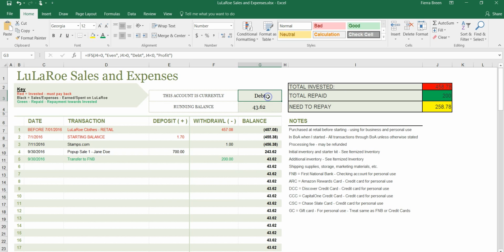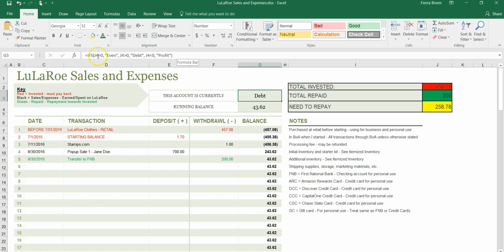This figure here is an equal if formula. Well, actually, it's an equal ifs formula, which I forget what that really stands for, but basically it's just saying, if it's this scenario, it's going to say this. If it's this scenario, it's going to say this. And if it's this scenario, it's going to say this.